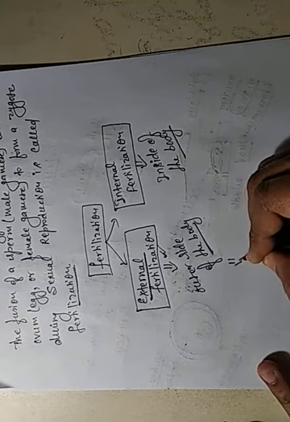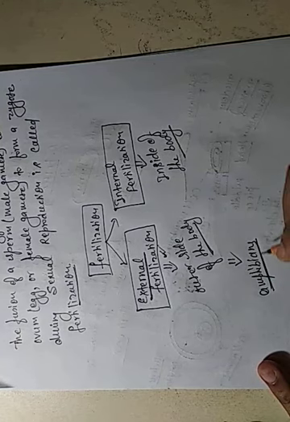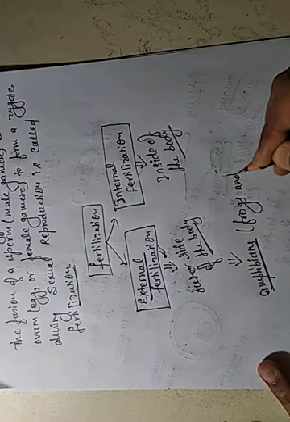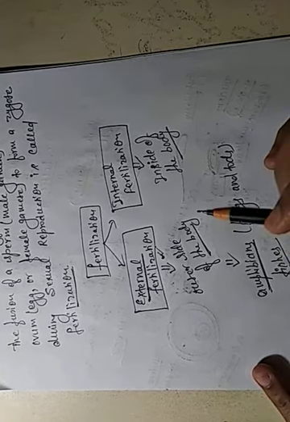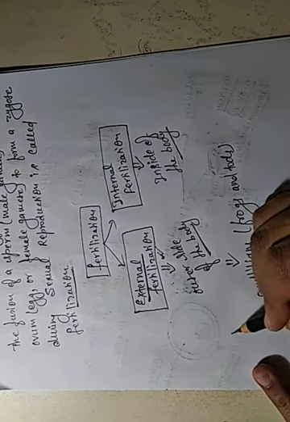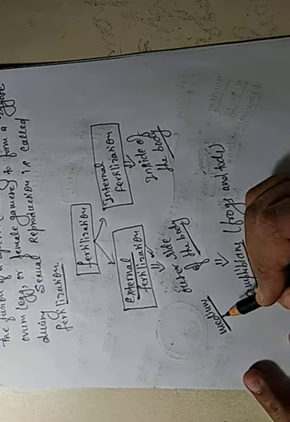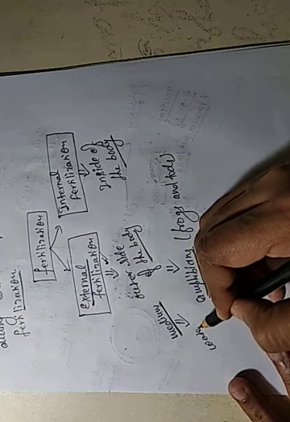External fertilization is seen in amphibians like frogs and toads, and in fishes. External fertilization requires a medium for the fertilization, and this medium is water.